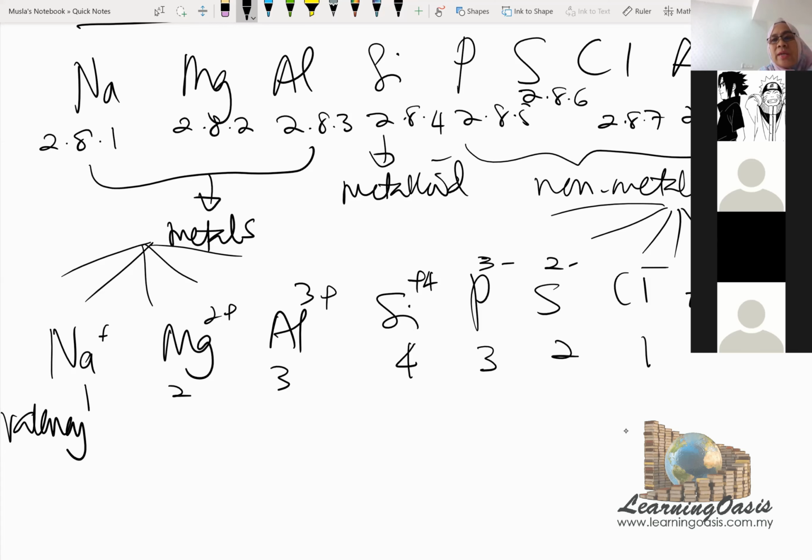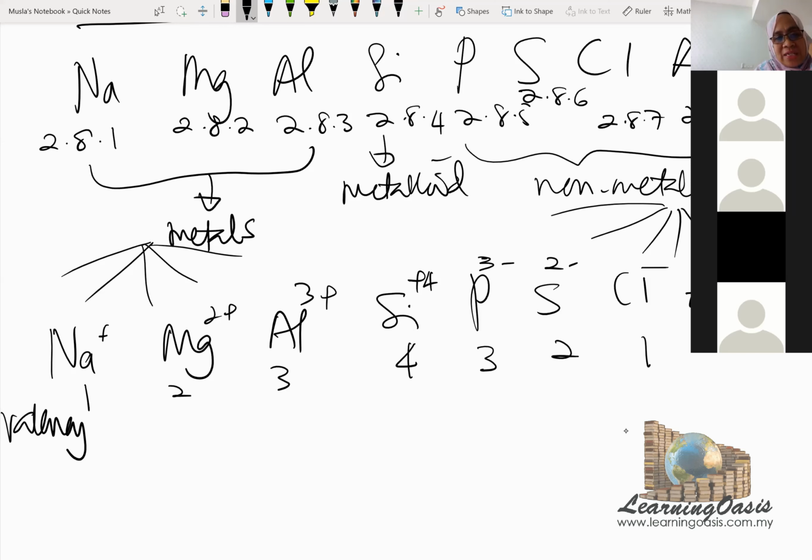How do you explain that? Valency of sodium is 1 because it loses 1 electron to achieve octet stability.